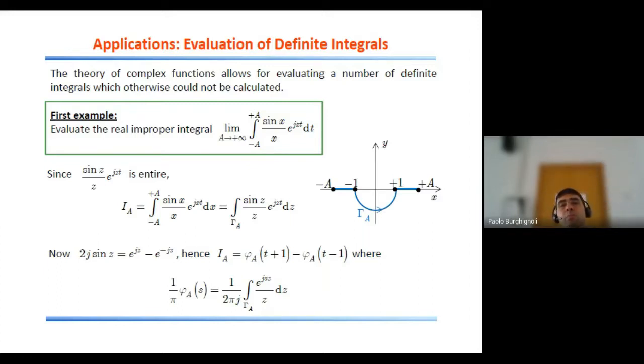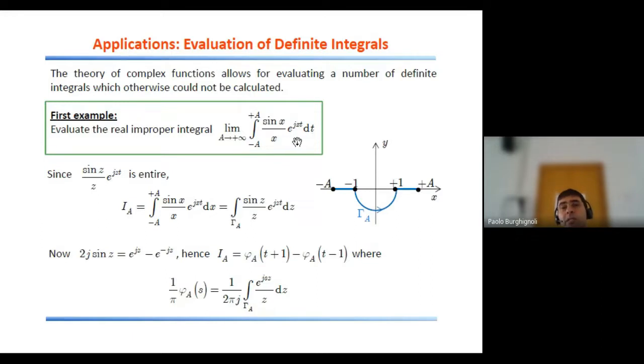The first example is the evaluation of a real integral, which is actually an improper integral. That's the integral from minus a to plus a of the function sine of x divided by x, so the sinc function, times the exponential e to the jxt, with respect to t.